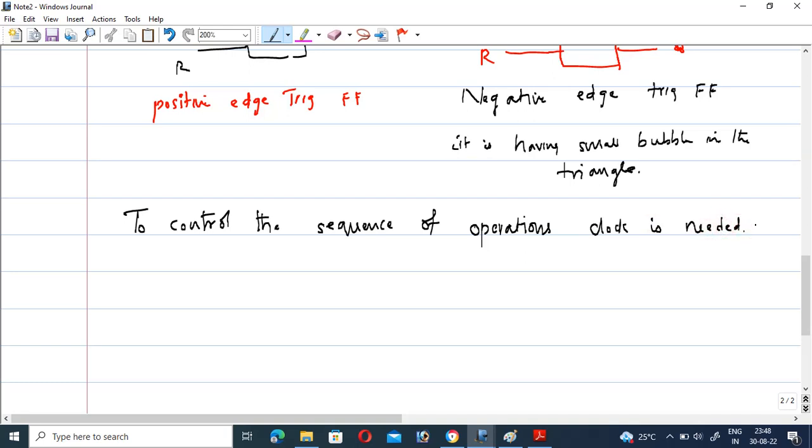If you have a number of sequences, and even if you apply inputs without a clock, the output does not change.